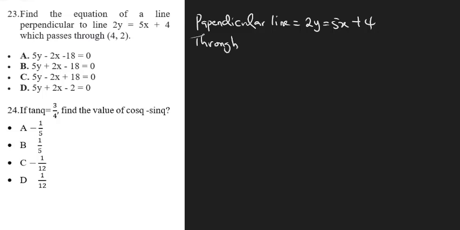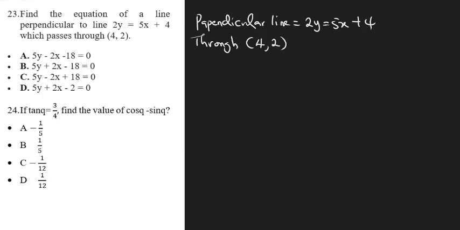So the line is 2y equals 5x plus 4, through this point 4 and 2.